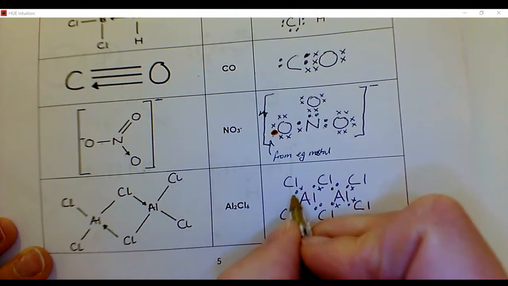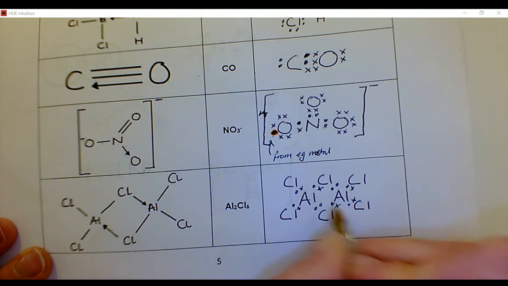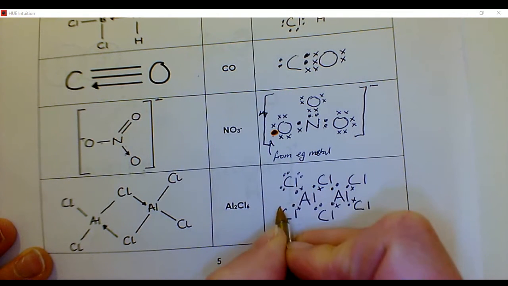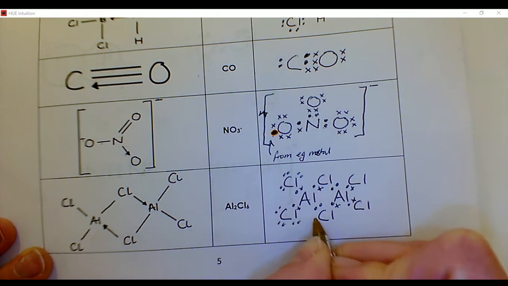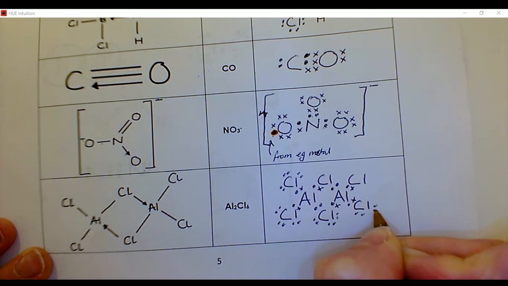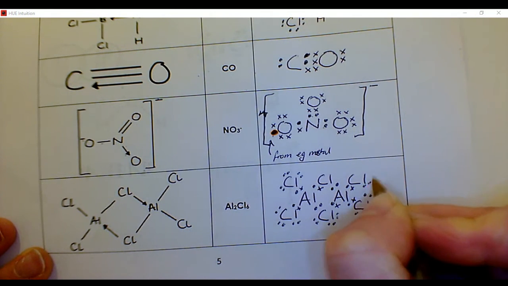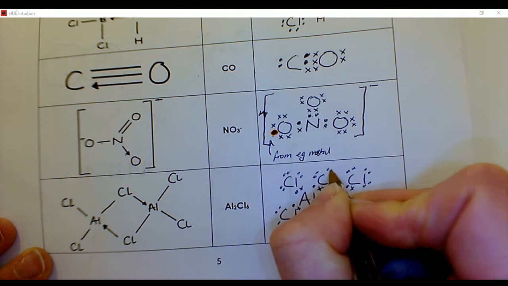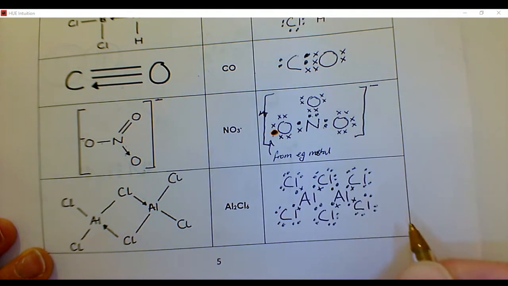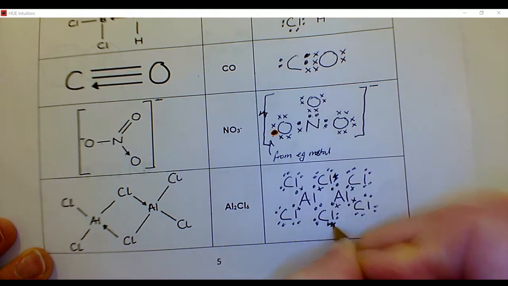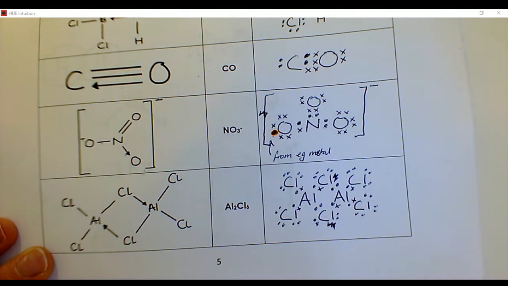And then we'll just fill in all the electrons for the chlorines. There's loads of them. So we're using that 1, 2, 3, 4. No, I've overdone it.